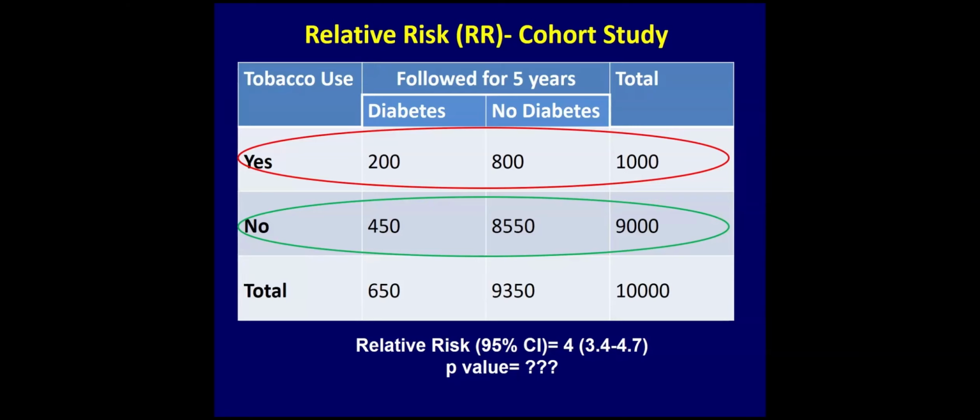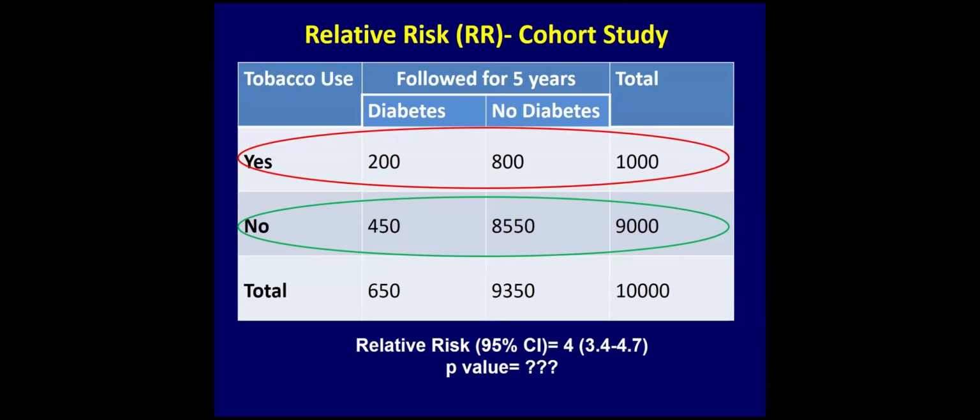What I am not sure of is that sometimes it can be protective, and sometimes it can be a greater risk, as high as 4.7 times. So I'll not be able to conclude whether it is protective or greater risk. Whenever your confidence interval includes the null value of 1, that means what? I am not able to decisively tell whether it's higher risk or protective.